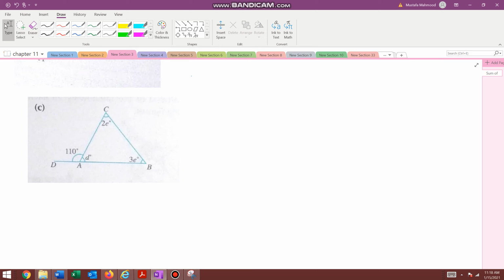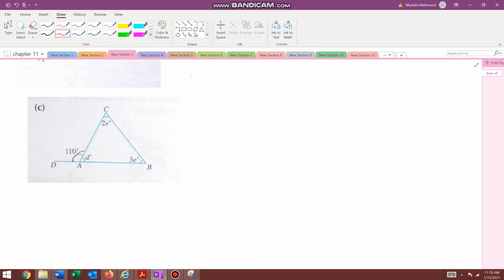Now, if you look at this, the angle DAC, which is equal to 110, is basically an exterior angle for this triangle ABC. The exterior angle of a triangle is equal to the sum of the two opposite interior angles. The two opposite interior angles that are opposite to 110 are 2E and 3E.